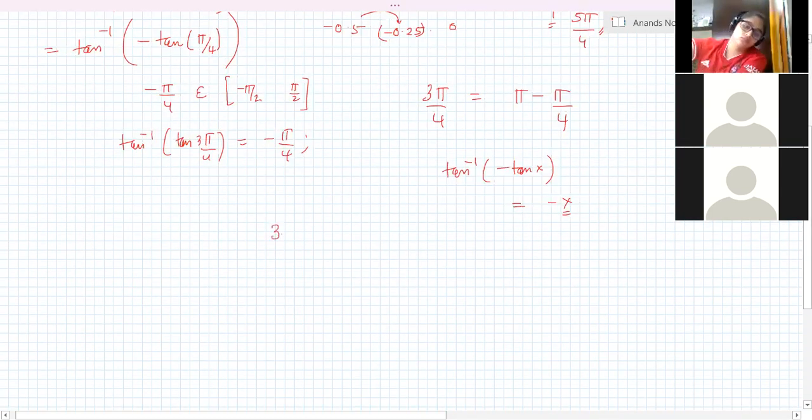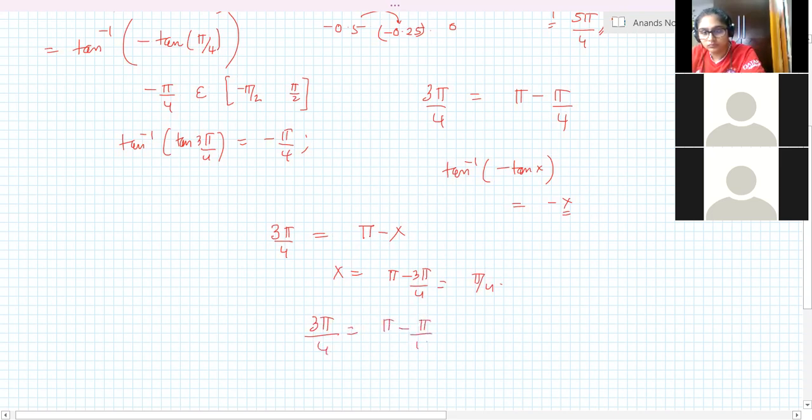The theta itself is 3 pi by 4, and you are expressing it as 180 minus something else. You are bringing something new. I want to express 3 pi by 4 as pi minus x. That x is equal to pi minus 3 pi by 4, that means pi by 4. So 3 pi by 4, I want to write as pi minus pi by 4.